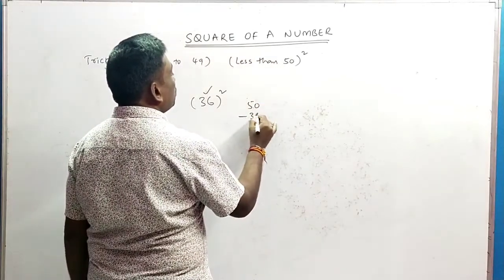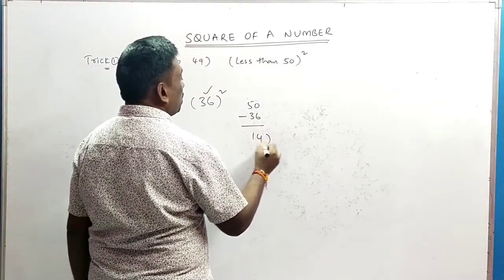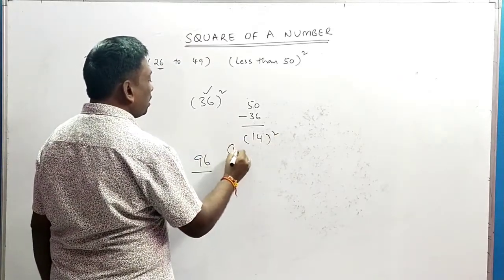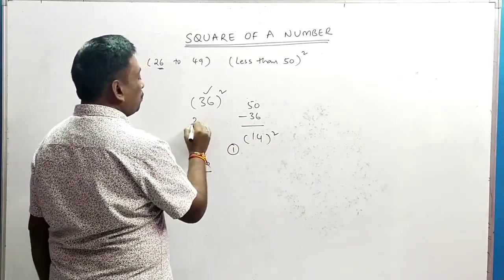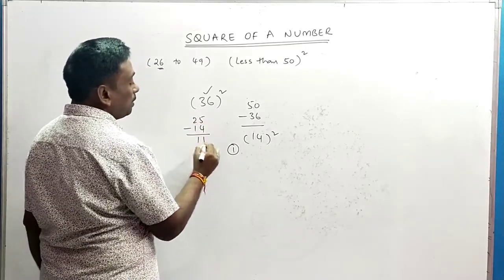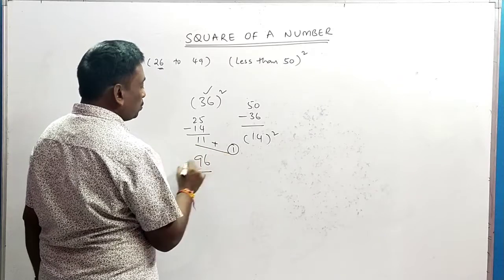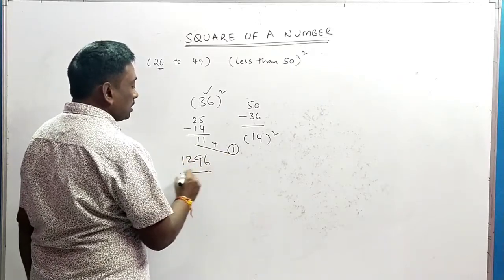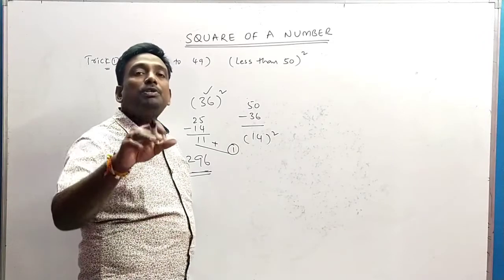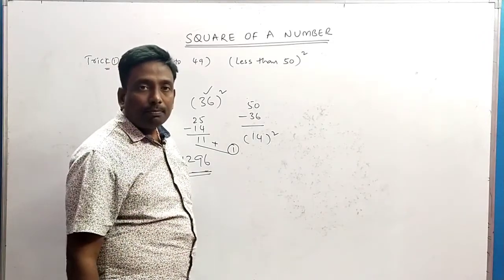That result gives you 14. Square of 14 is 196. Write in 2-digit format, take 96 here and 1 is carry. This 14 is subtracted from 25, that gives you 11, plus 1, that gives you 12. So 1296. This is the way to find the square of numbers which are less than 50.